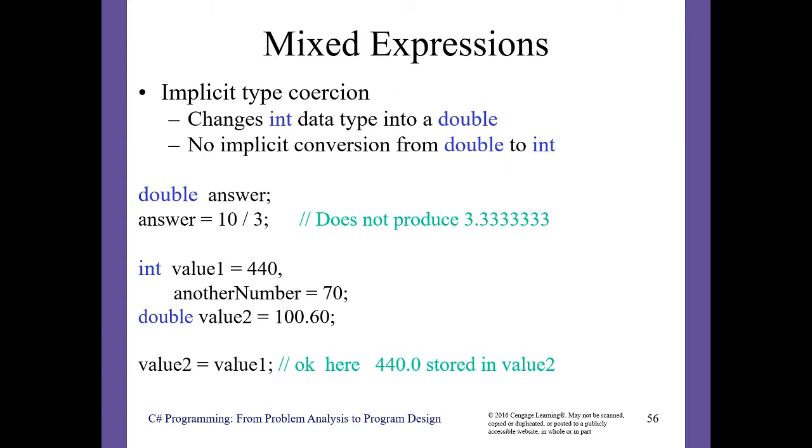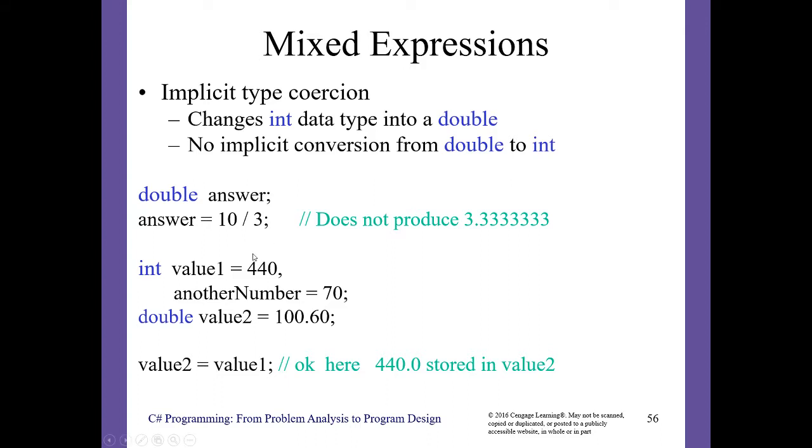You just add a decimal place with no decimal portion, and that changes that integer. But we can't really go from a double back to an integer, right? Because we would truncate all of that decimal place. So C# doesn't let us do an implicit conversion in that kind of change. We have to explicitly convert it ourselves.